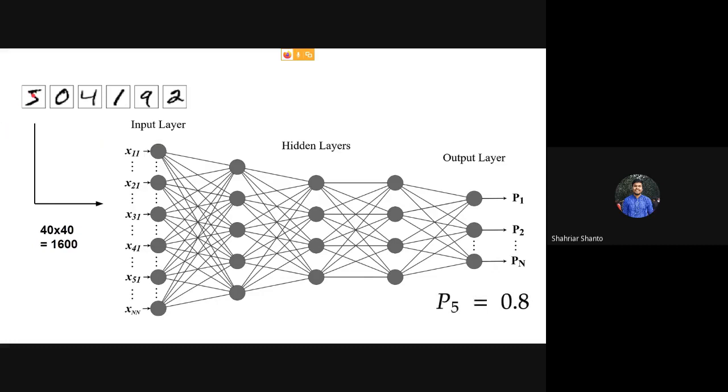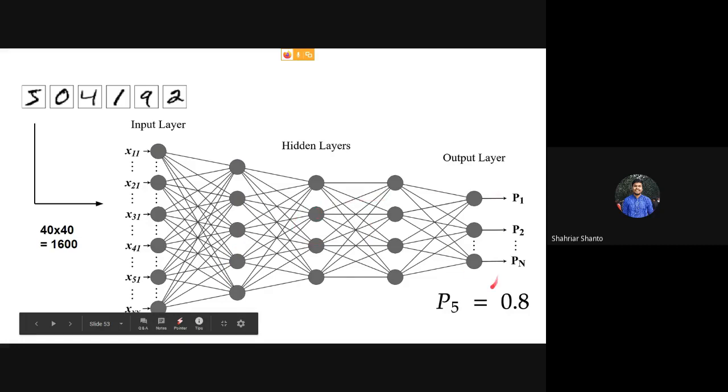We have photos of handwritten numbers. If the images are 40 by 40 pixels, then we have 1600 values, so we have to have 1600 neurons in the input layer, and the hidden layers can have as many neurons as we want.